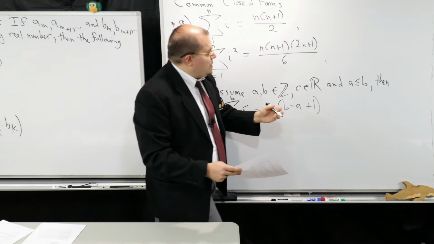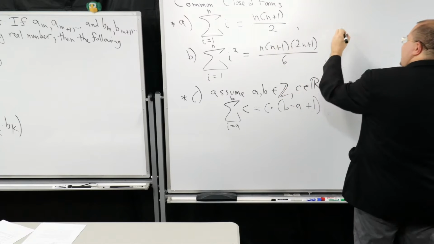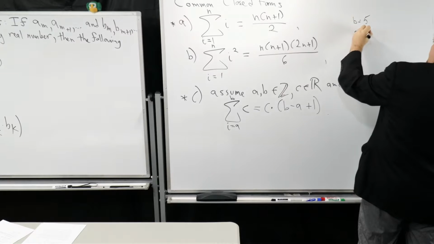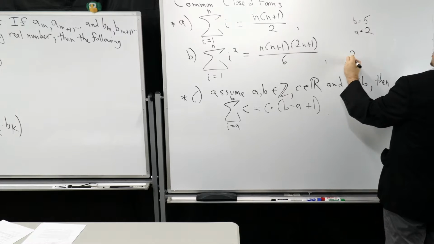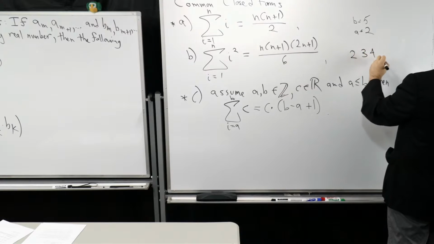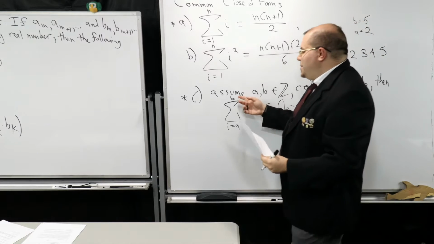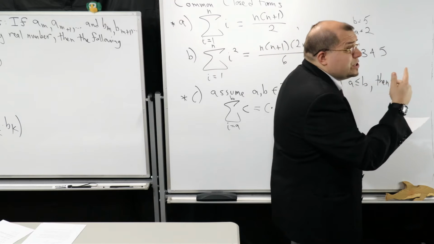Let me just draw a little picture for you. Say for example, b was 5 and a was equal to 2. So you'll know that it has to be 2, 3, 4, and 5. Now you would agree with me that b minus a is in fact 5 minus 2, which is equal to 3, right?